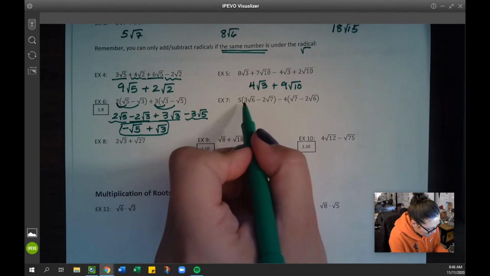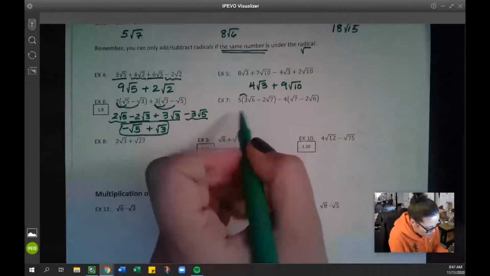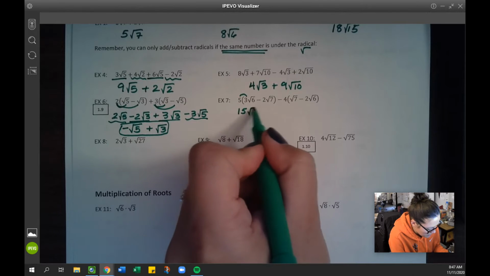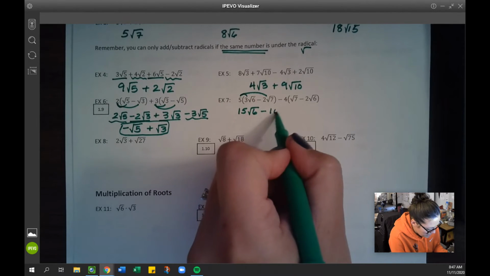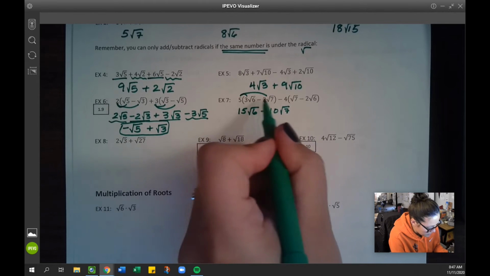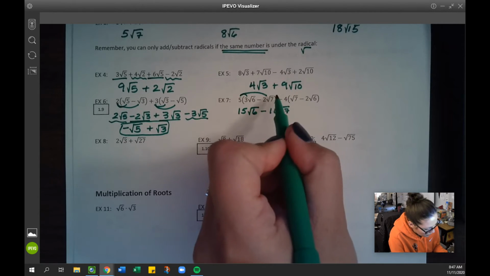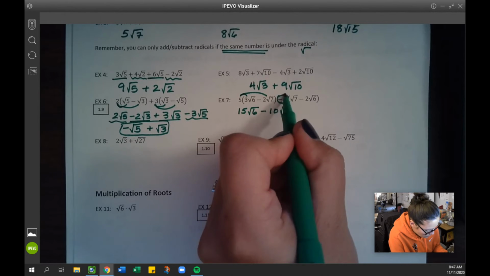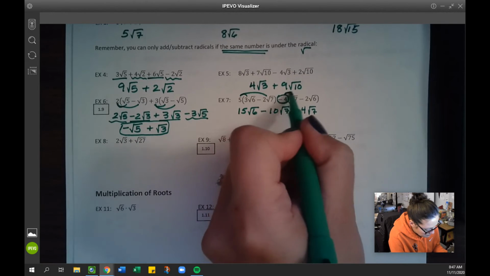Let's try the next one. I'm going to distribute the 5. 5 times 3 square roots of 6 gives me 15 square roots of 6 minus 10 square roots of 7, that's 5 times 2. Now be careful here. This is a negative 4. I'm going to distribute a negative 4. That gives me minus 4 square roots of 7.